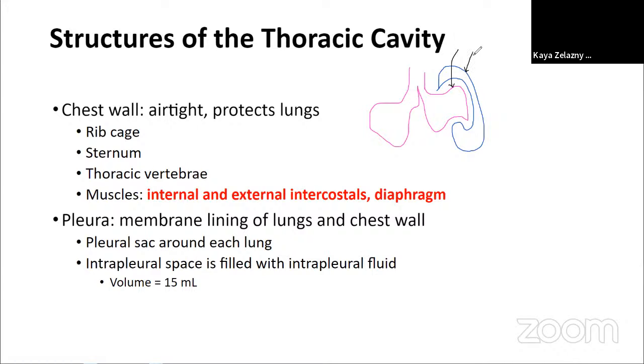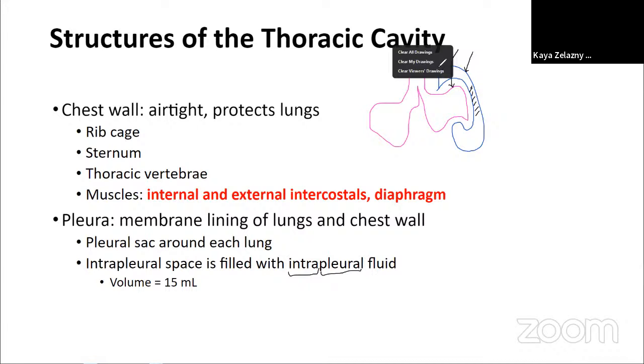So that parietal pleura would be referring to that part of the pleural sac that's on the wall. So this is our pleural sac, this blue part as a whole. And in this intrapleural space, this space inside the sac, is where we'd find intrapleural fluid. So intra, within, pleural referring to this pleural sac.